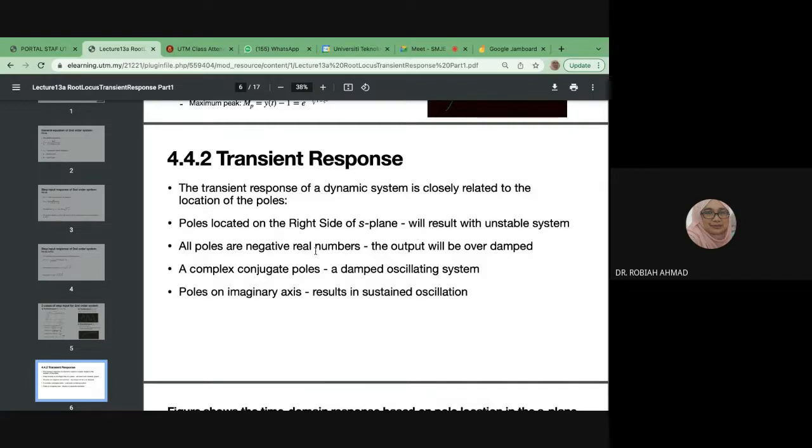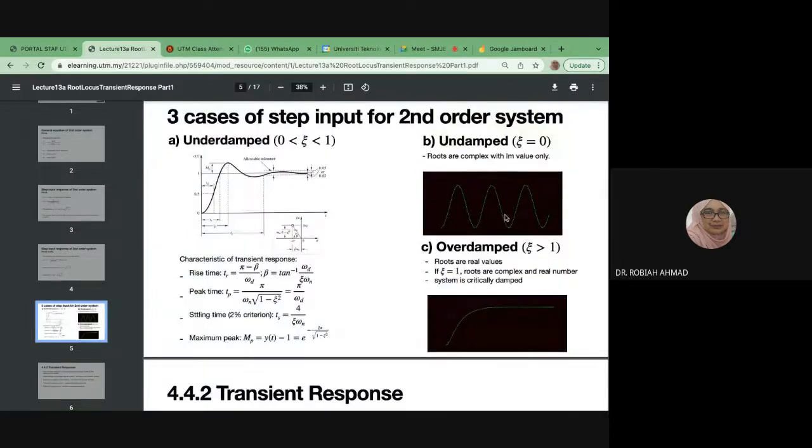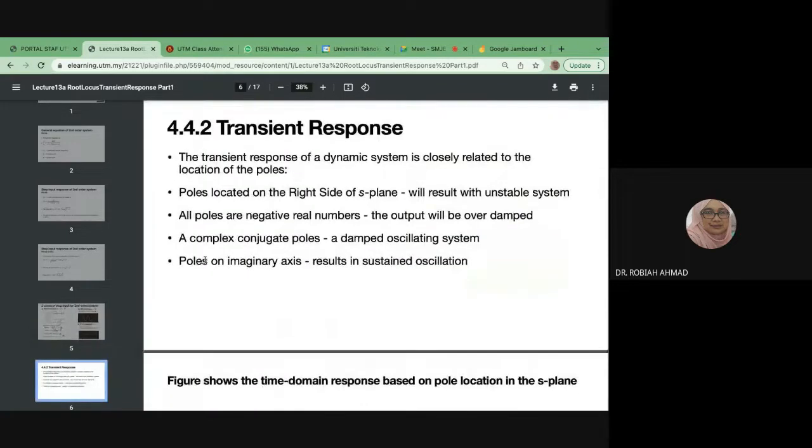All poles are negative real numbers, the output will be overdamped. A complex conjugate poles, a damped oscillating system yang kita buat tadi. Kalau dia semua kompleks, dia akan oscillate sahaja. Dia tak pergi kepada input yang kita hendak dia pergi. Okay, so poles on imaginary axis result in sustained oscillations.